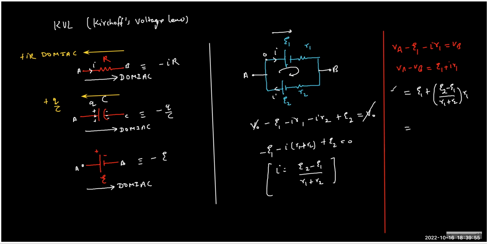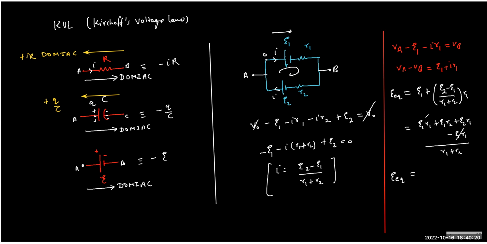So I'll name it E equivalent, because this is the equivalent potential difference that I can get. And if I rearrange, after taking the LCM, E1 R1 plus E1 R2 plus E2 R1 minus E1 R1, all upon the sum. For E equivalent, what are we getting?